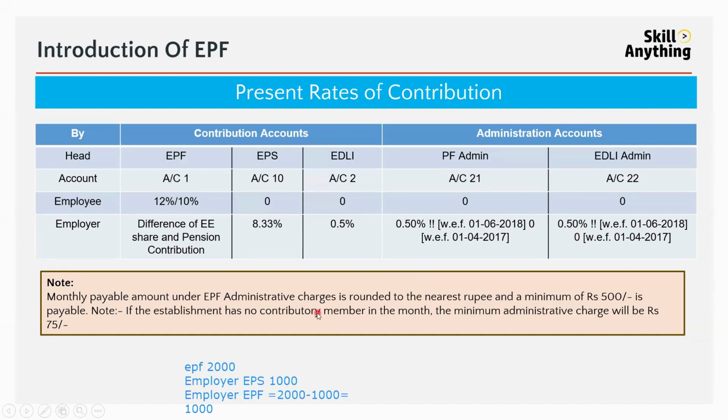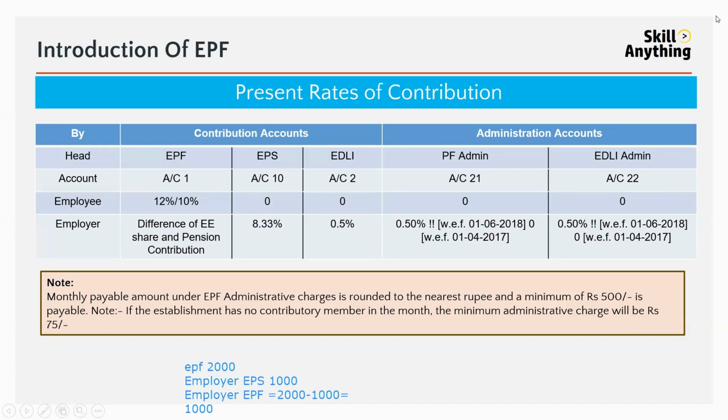But there is a note: the minimum monthly payable amount under EPF administration charge is 500 rupees, which the employer needs to pay. And one more thing, if in some month there is no contributing member in the establishment, then the minimum administration charge will be 75 rupees.